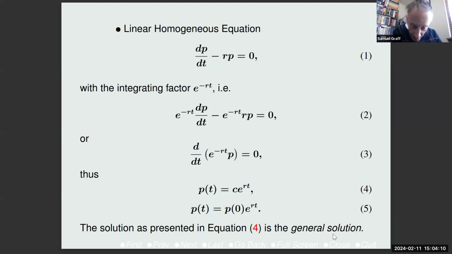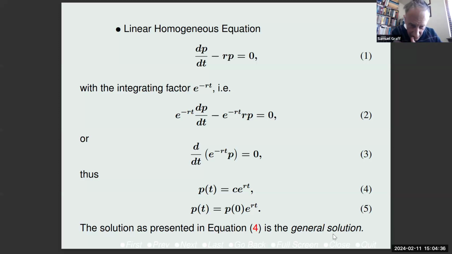So you can multiply through by the factor of e to the minus rt, and the class usually readily observes that you have a perfect derivative on the left-hand side, and you either get a representation of the general solution or the initial value problem. Now, nothing here is very revealing.